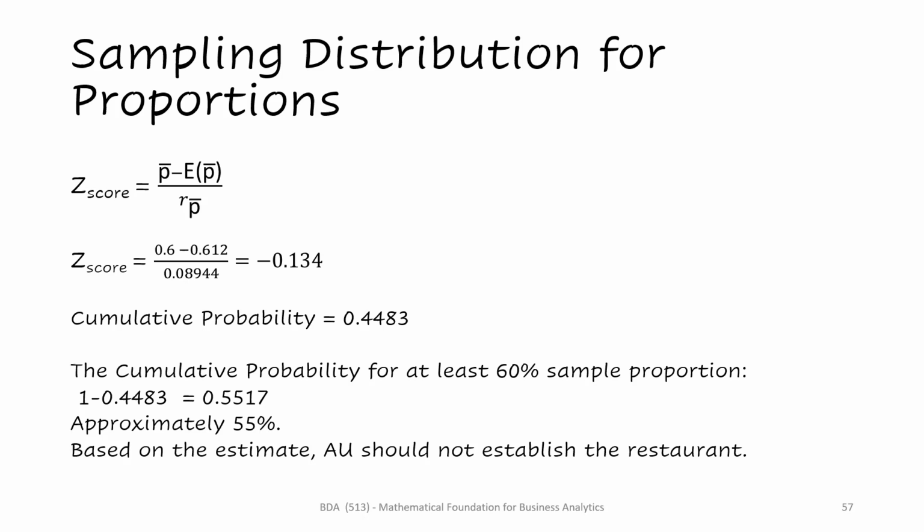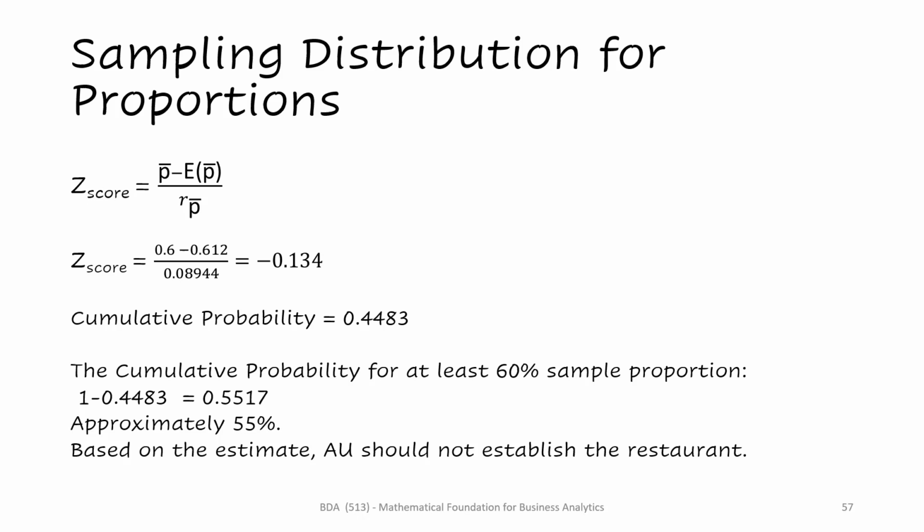So should we go ahead with the restaurant based upon our calculations? No, sir. All right. So basically, we've used sample proportions to answer the probability of students giving a response to our variable of interest.